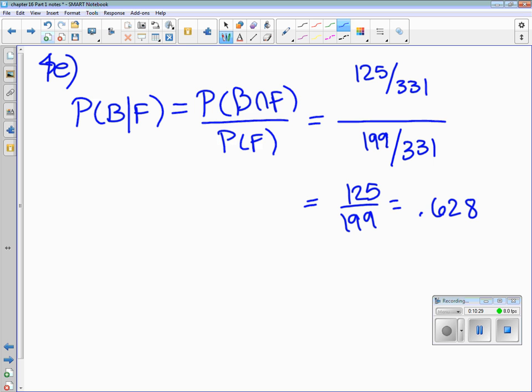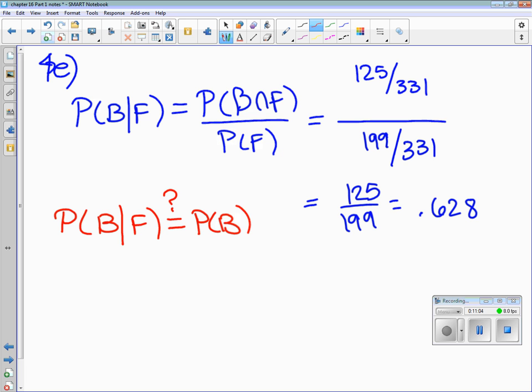There are so many different ways to do F to show independence. I'll show you the one way I did it, okay? If you're trying to show independence, the probability of breakfast given female, is that the same thing as the probability of breakfast? Again, there are other ways to check, but these would have to be equal if they were independent.